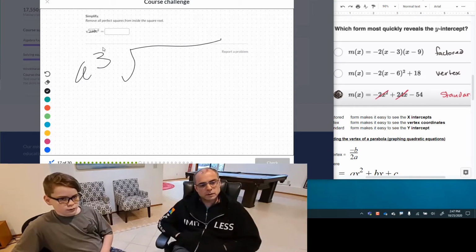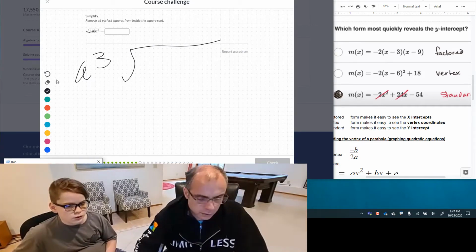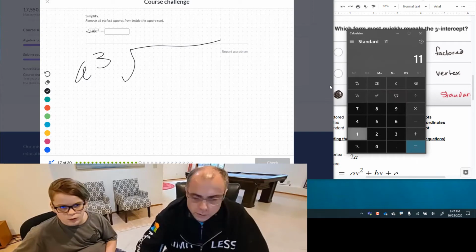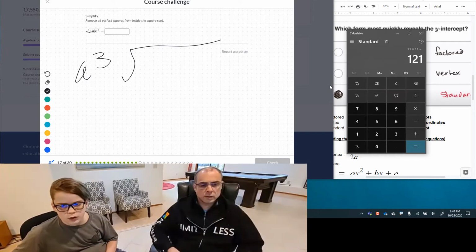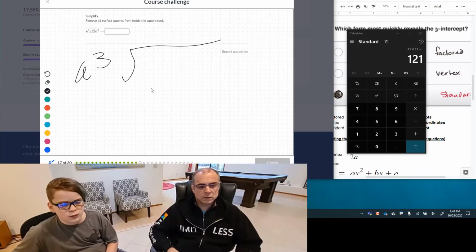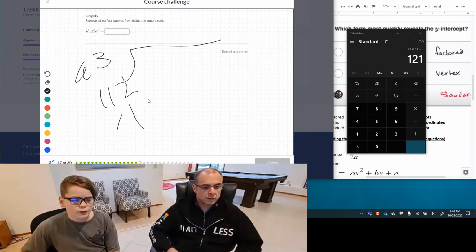Okay. Is it that, or is it 1, 2, 1? Hold on. No, it's 1, 2, 1. So it's not that. So what is it then? What do you normally do? Divide it by something? Oh yeah, prime factorization.